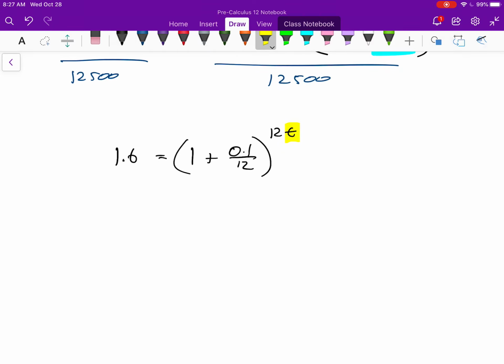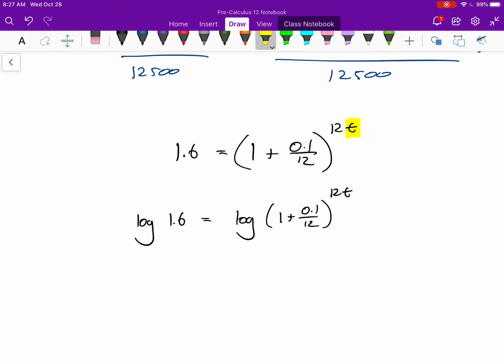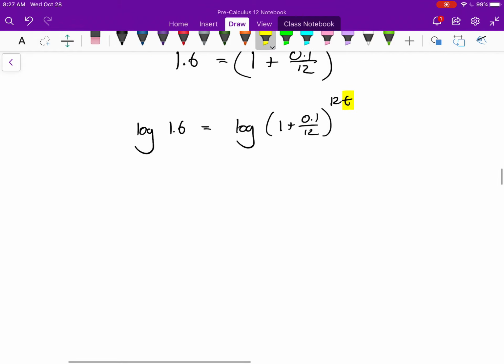So next, I could put this in exponential form. Sorry, I could put this in logarithmic form, or I could log both sides. I'll log both sides. So find the log of 1.6 equals the log of all of this. The whole point of logging both sides is that 12t I can now write as a coefficient.